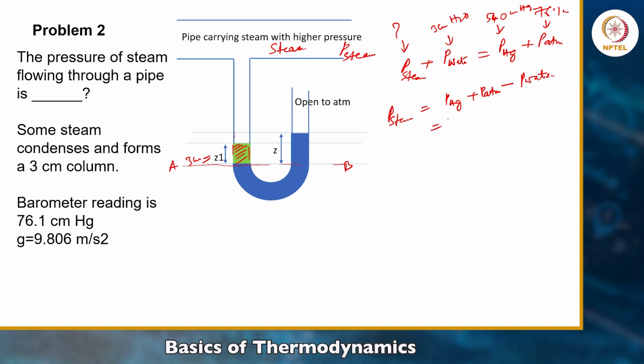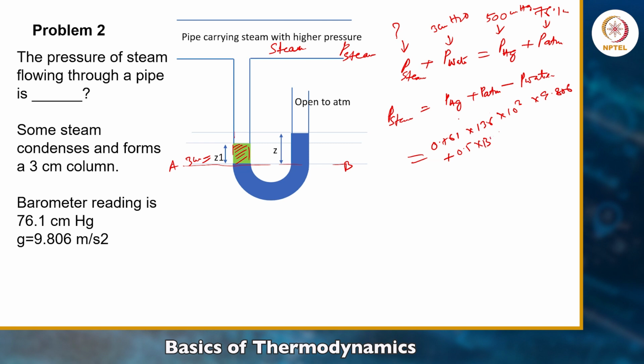So finally it becomes like 0.761 into 13.6 into 10 power 3 into 9.806 plus 0.5 into 13.6 into 10 power 3 into 9.806, where 0.5 meter is the assumed mercury height.